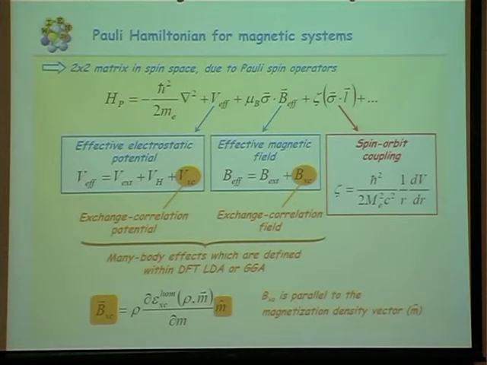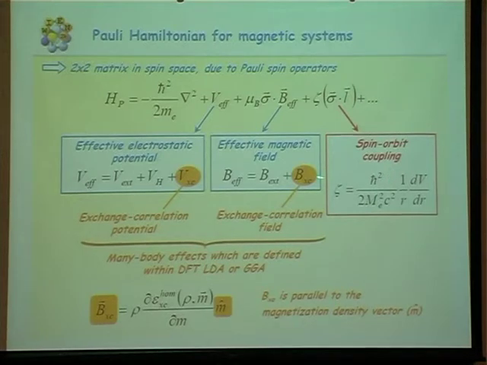Remember yesterday's talk, we could speak of spin up and spin down density, or we could add them to make a total density and form the difference, spin up minus spin down densities. That is what we would call the magnetization density, and we have to take the derivative of our exchange correlation functional with respect to the magnetic moment, and this gives us the exchange correlation field. It's like an effective potential, but it is spin dependent.